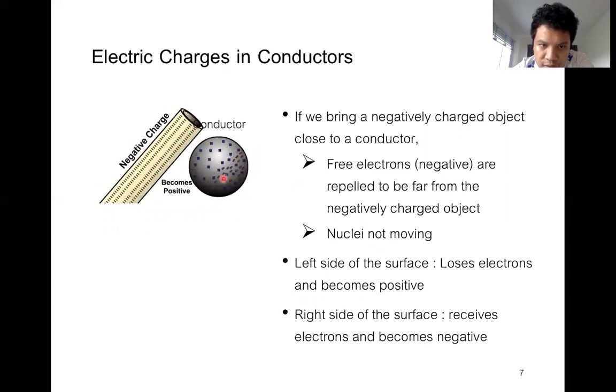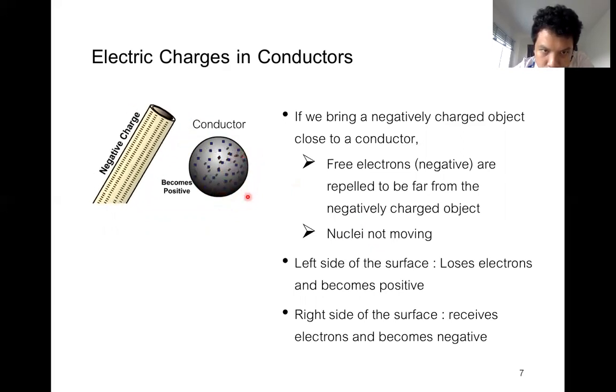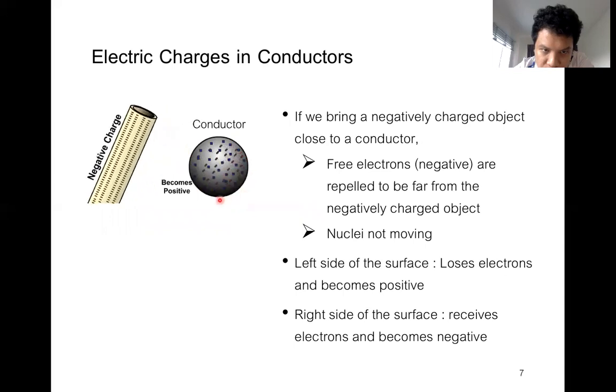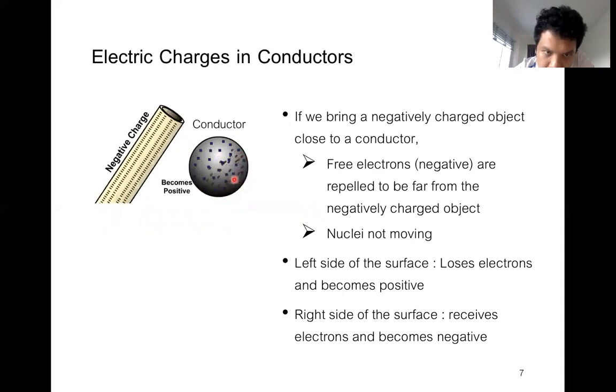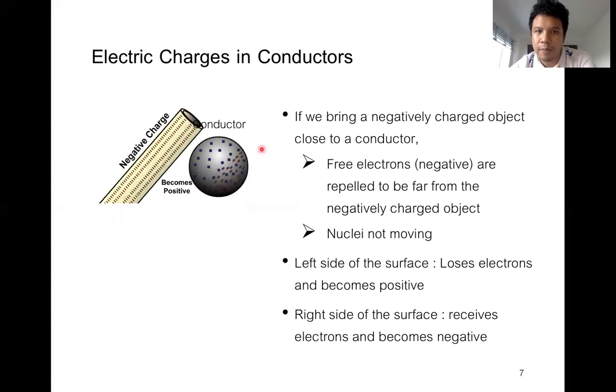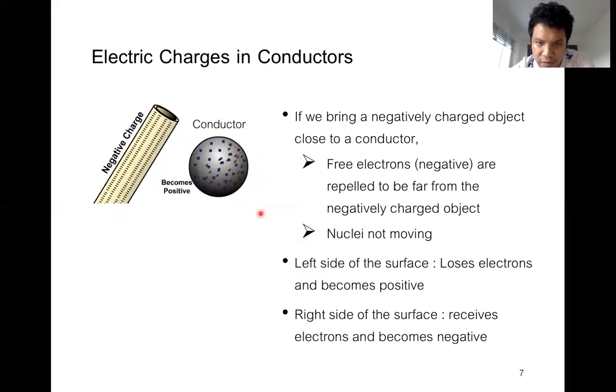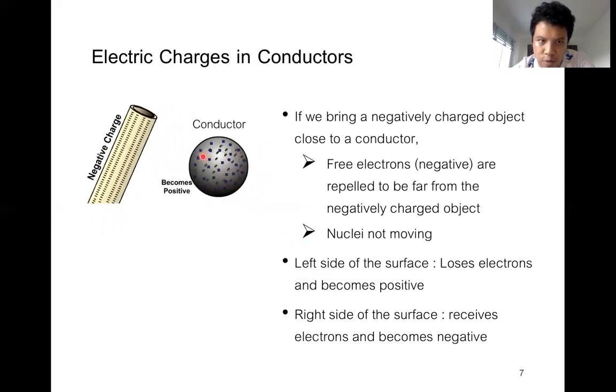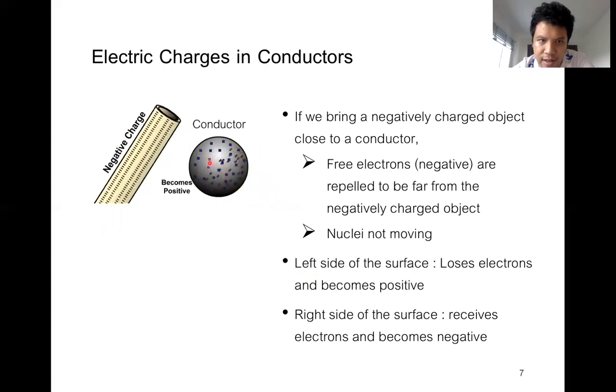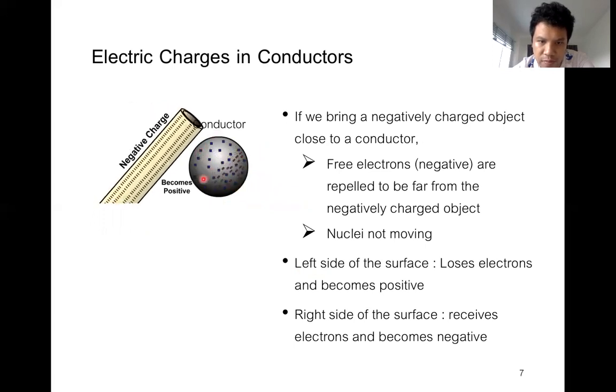But the charge on the right hand side, the total charge will be negative, because there are positive charges, but there are a larger number of negative charges. So we can say that the left side of the surface loses electrons to the right hand side, and the charge will become positive. But the right hand side of the surface receives electrons and becomes negative.